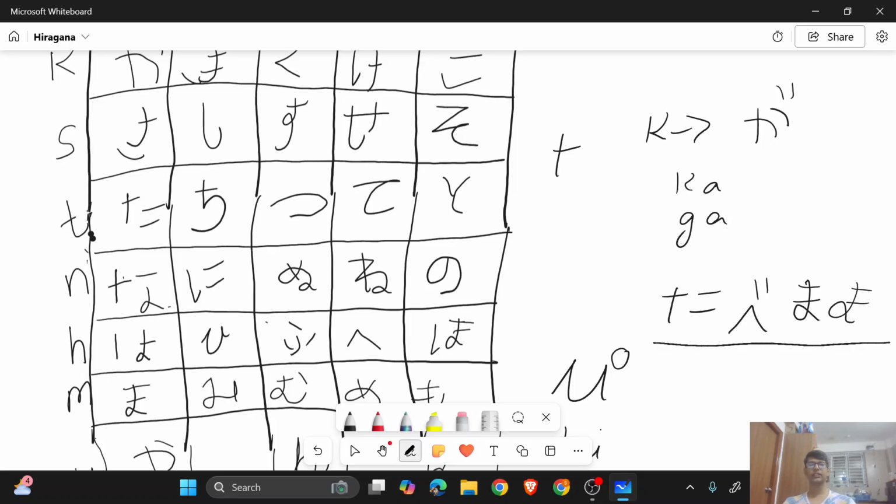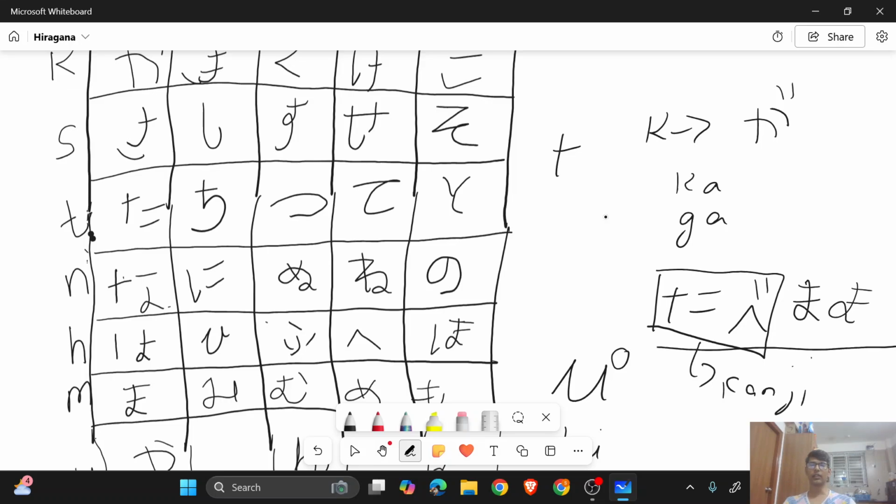This is pronounced as tabemasu. Here, the tabe can be converted to kanji later, but this masu will never be converted to kanji. It will always be written in hiragana.